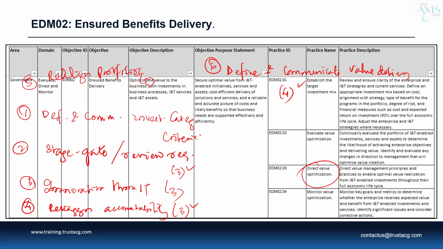To summarize the activities under this particular practice, you can start with defining and communicating what investment categories are defined, what are the criteria for approval, at what stage points or checkpoints approvals must be requested, what are the review requirements. Ensure that governance is not a hindrance to innovation, rather a catalyst to investment and innovation within the enterprise. Where if required, reassign accountabilities with evolving portfolios, realign portfolios if necessary.